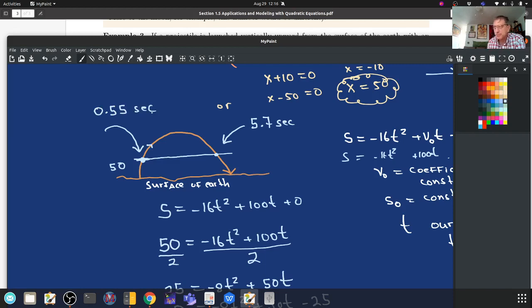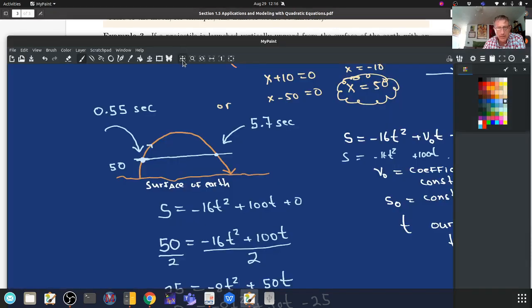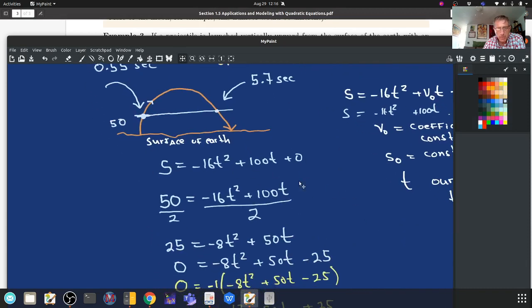Interesting. I think we have one more part of the problem. How long will it take for the projectile to return to the ground? So what is the height of the ground? It's 0, right? So I'm going back and literally just looking at this original equation right here, except I'll come to the side.